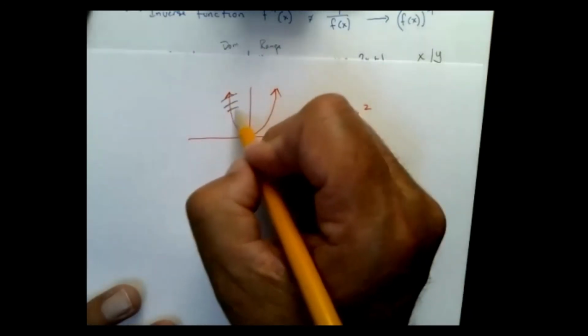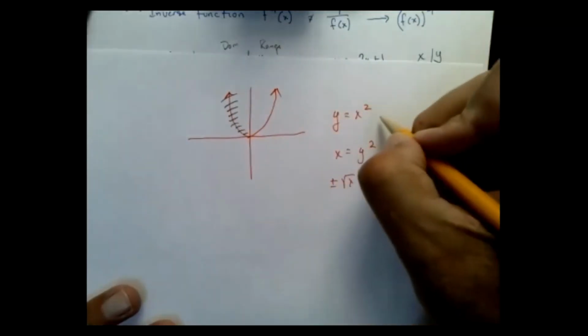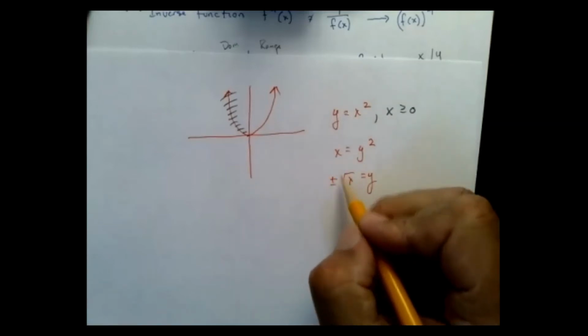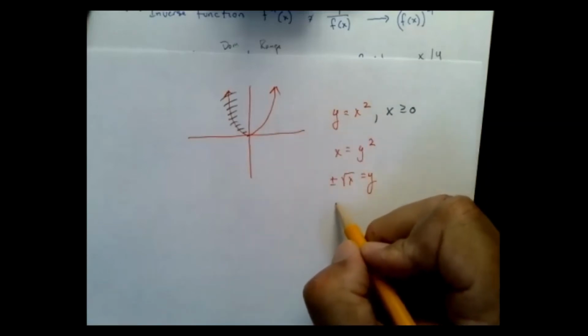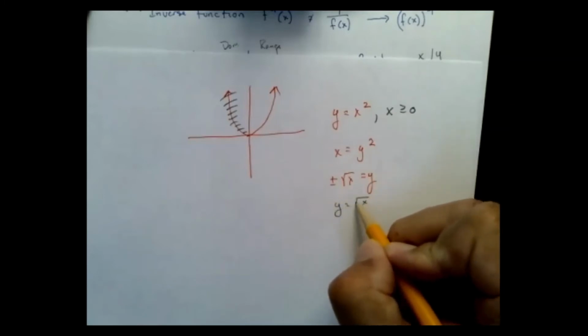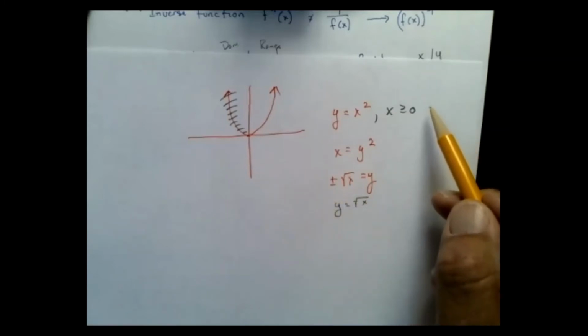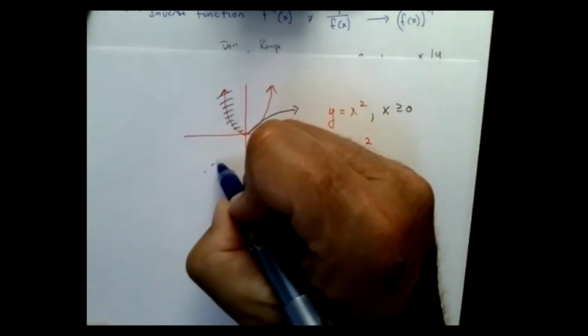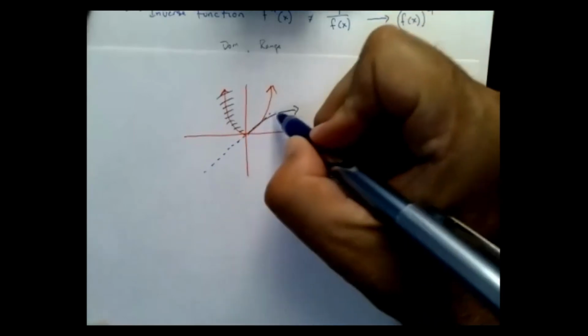Well, if I wanted to find the inverse of y equals x squared, this is only going to work for x greater than or equal to 0. And we put restrictions on this. When I came down here, I noticed everything's positive. So this really became just y equals the square root of x. And again, we had these restrictions. Some of you are even going to remember, if I graph that, it looks like that, y equals the square root of x. And these two, what was this line?